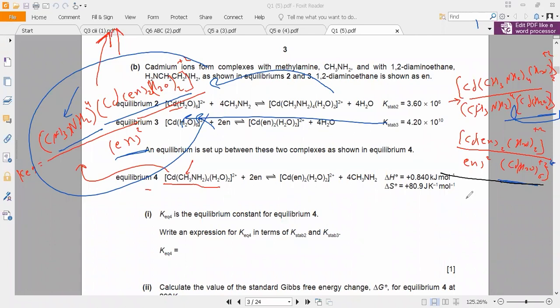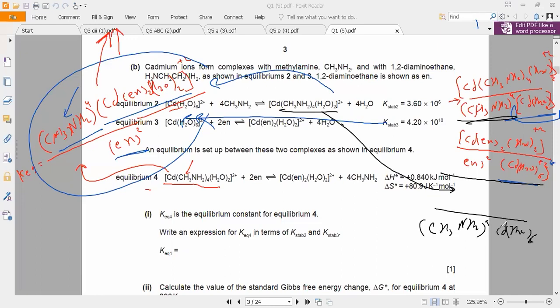Where we have this very long complex, I will not write it, just write this. Over, here what do we have? CH3NH2, sorry, to the power of 4. And what do we have also? [Cd(H2O)6], which will be cancelled with this.